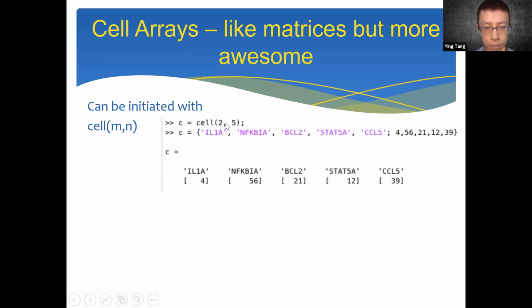So here it's 2 times 5 dimensional. So now it has 10 units. The first unit I put a string, IL1A, and the first row of units are all strings, and the second row of units are numbers. If I put the cell this way, then I get a 2 times 5 dimensional cell.